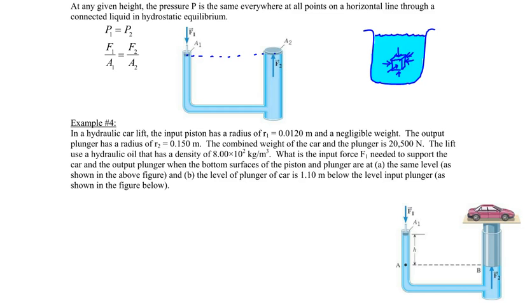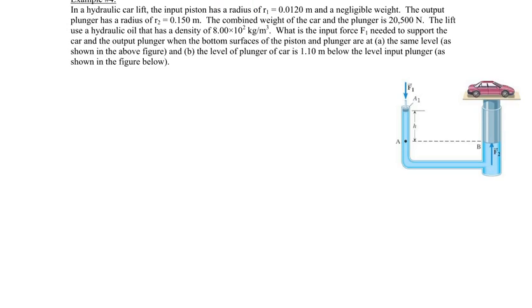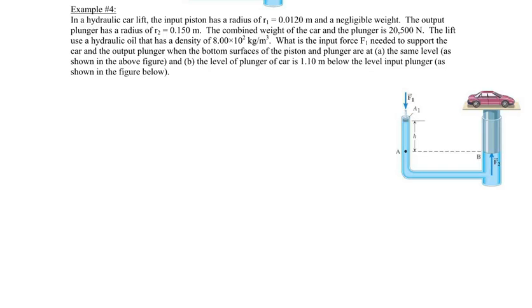So let's now look at example number 4. We have a hydraulic car lift with an input piston over here, which has a radius R1 of 0.012 meters with a negligible weight. This little shaft here has a very negligible weight. R2 is the radius of the other piston, 0.15 meters.